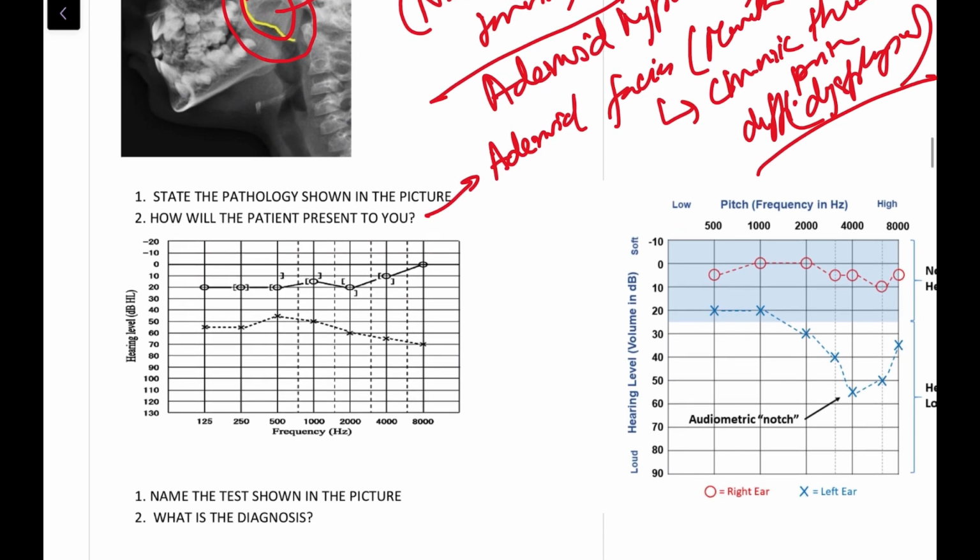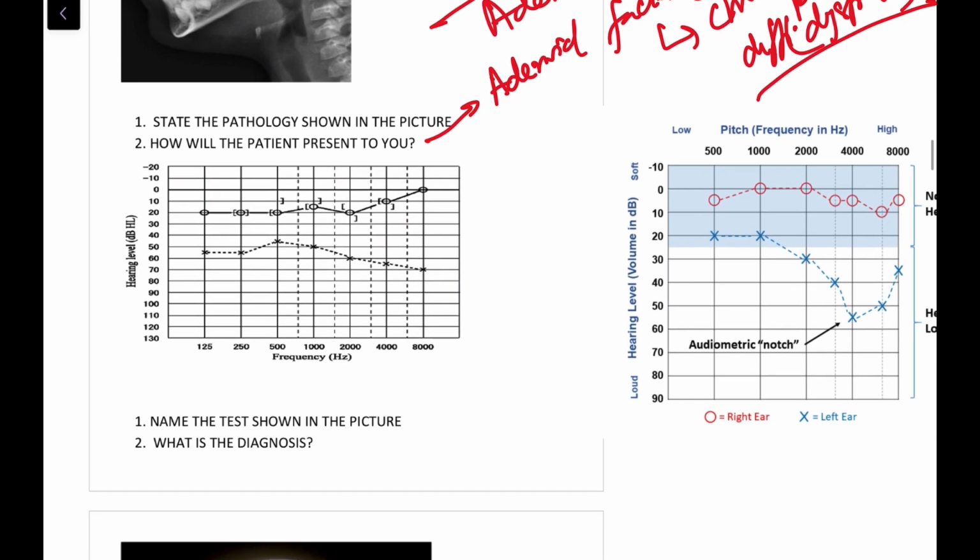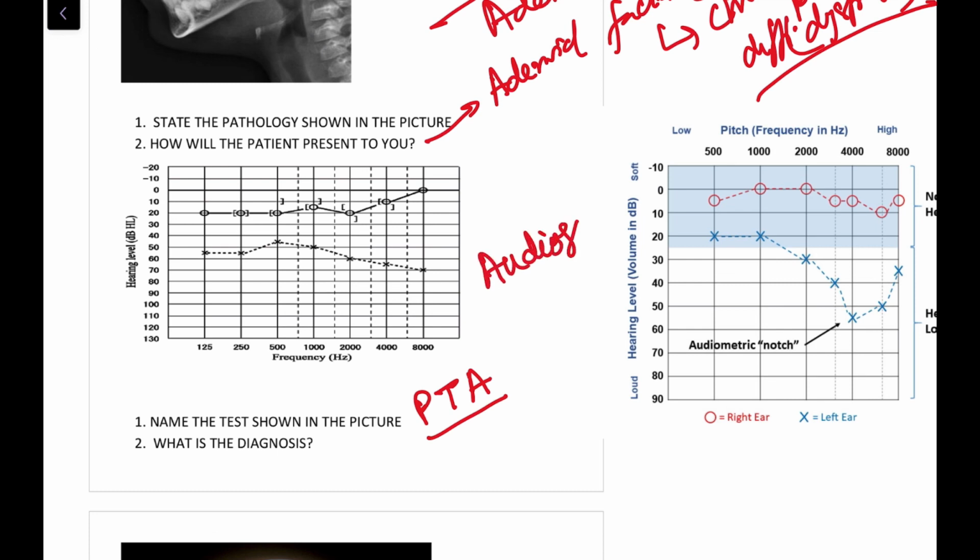Then coming to the next picture, so as you can see, an audiogram is being shown. So what is the test shown in the picture? You have to write pure tone audiometry, and the graph is an audiogram. See, they have asked for the diagnosis.